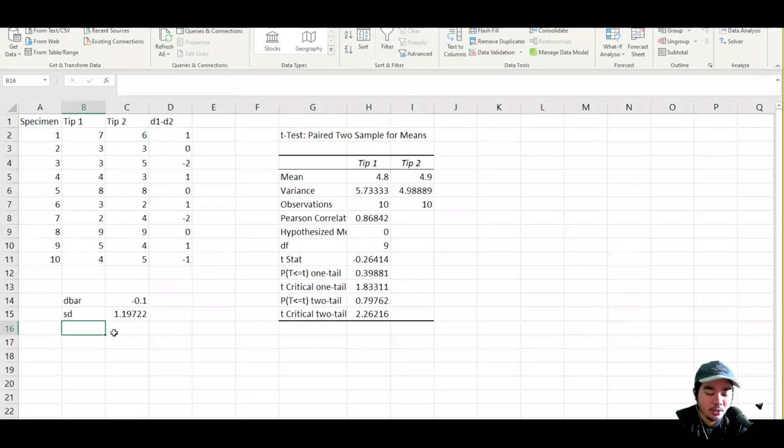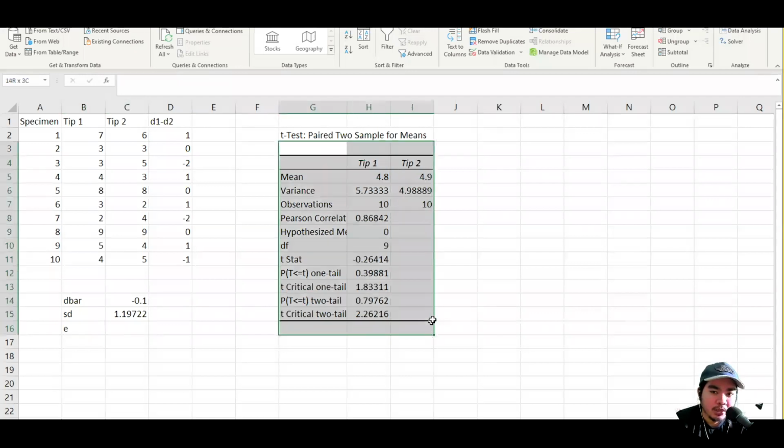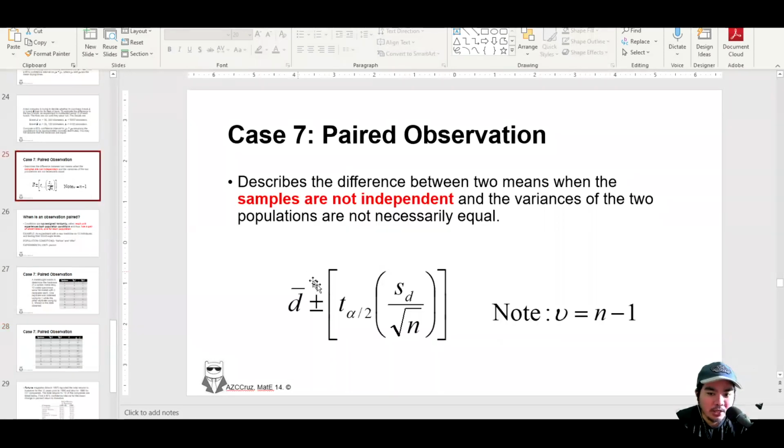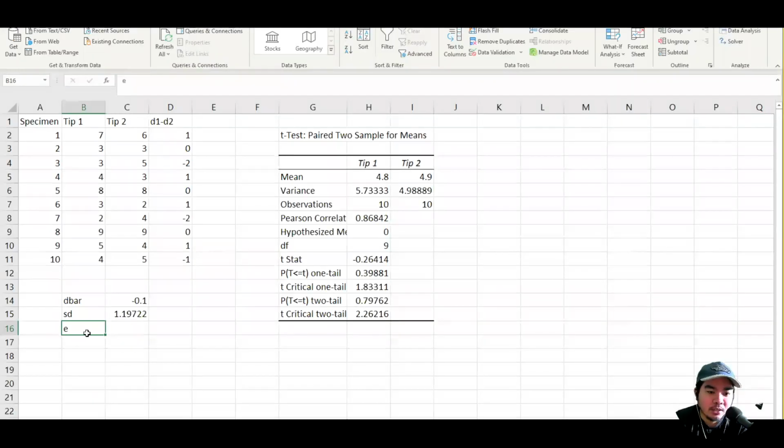Okay? So, konti lang pala yung gamit natin dito sa paired observations. Kasi meron na tayong nandito na lahat ng information na kailangan natin. So, yung T lang nakuha natin. So, T is equal to this value.